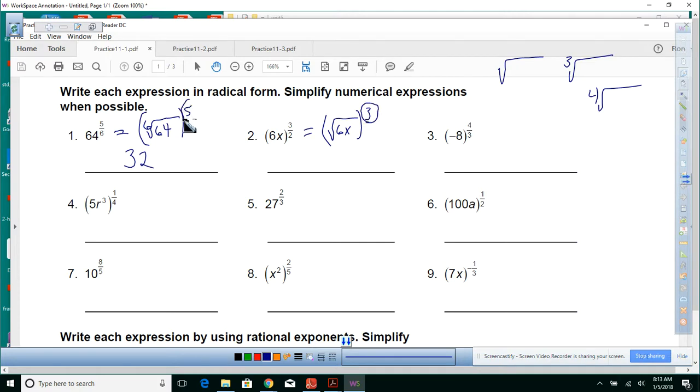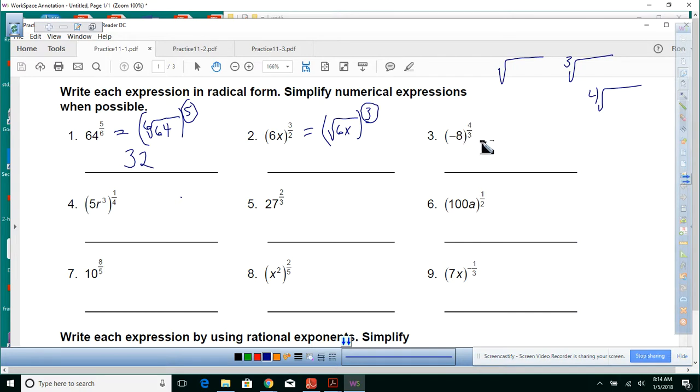Notice that the 6th root of 64 to the 5th power is not the same as that right there. I've noticed a lot of you tend to do that. You don't put it in the superscript position.